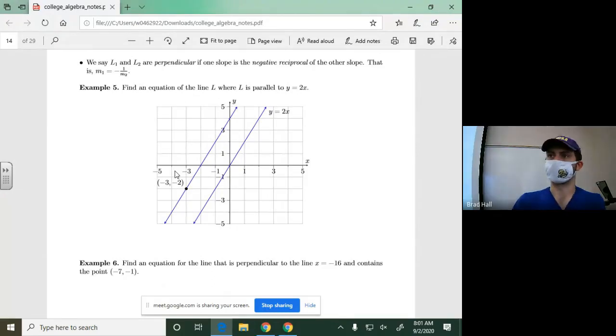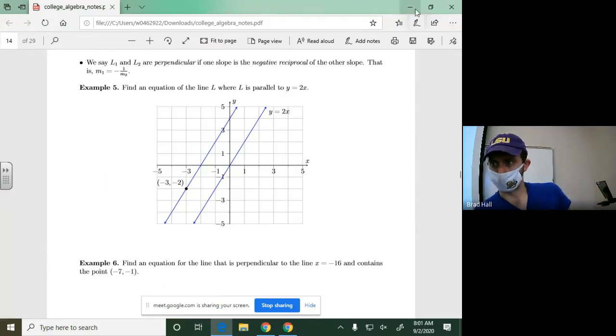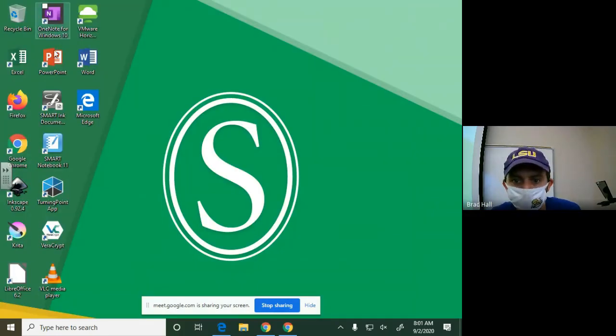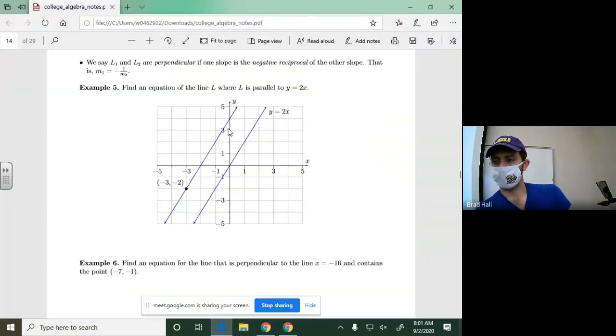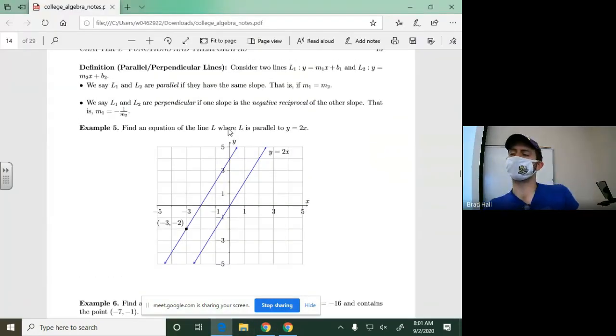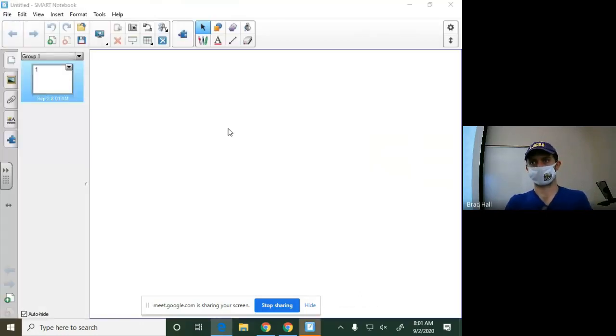So when we left off, we talked about example 5. We were in the middle of describing parallel and perpendicular lines and how to find them algebraically. This is because our visual understanding of parallel and perpendicular is pretty straightforward.